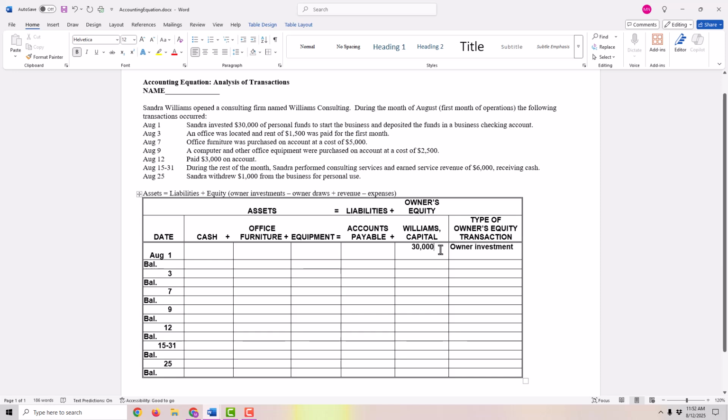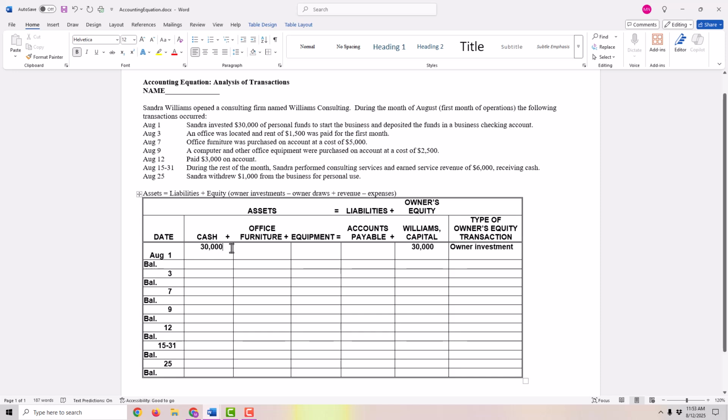Okay, and then not only does this affect the owner's capital, because it's an owner investment, it also affects the cash of the business. The business now has $30,000 of cash to start purchasing things and paying for things.